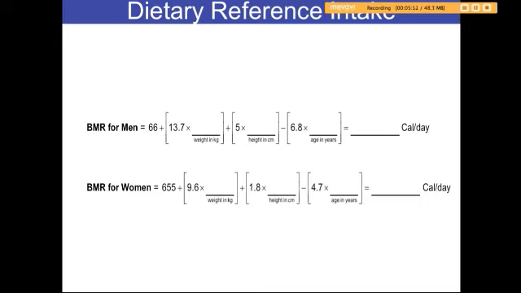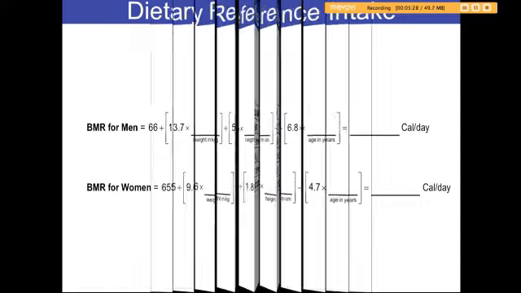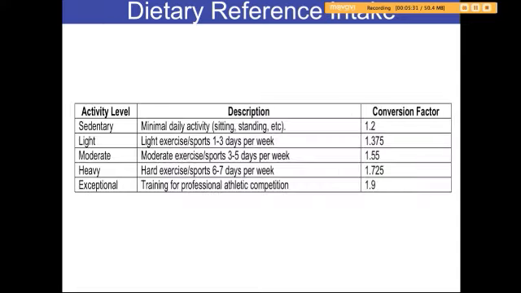This first equation will just tell you how many calories you need just to stay alive. If you were to lie still all day, how many calories would you be burning? The equation is different depending on whether you're a man or a woman. Go ahead, fill in the equation. Once you've found your value, you can multiply that number by the conversion factor that best describes you. Do you sit all day? You might be sedentary.